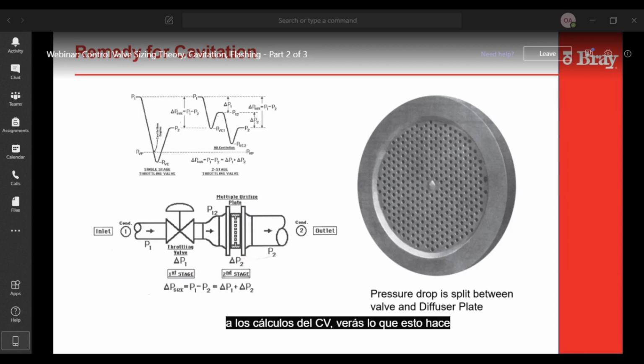But the valve may have to go up a size if you put a plate downstream, because now the pressure drop through the valve is not as high as it was, and the lower the pressure drop through the valve, the higher the CV required. So the two disadvantages of using a plate is, one, it makes the valve bigger, and two, you limit some of your adjustability of your flow, because you have a fixed restriction in the pipe.